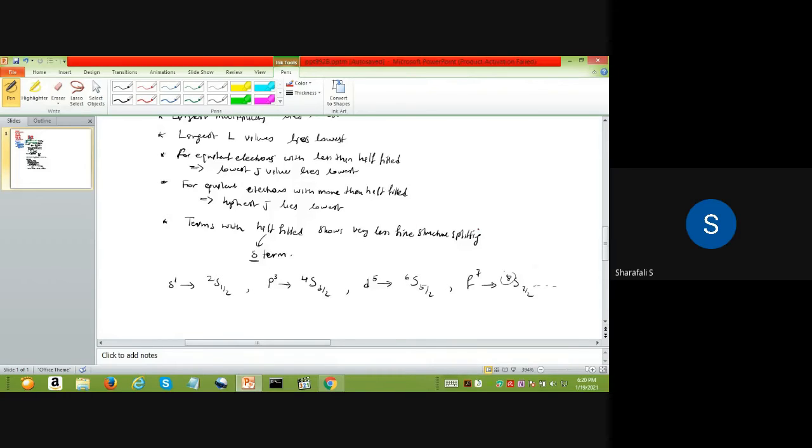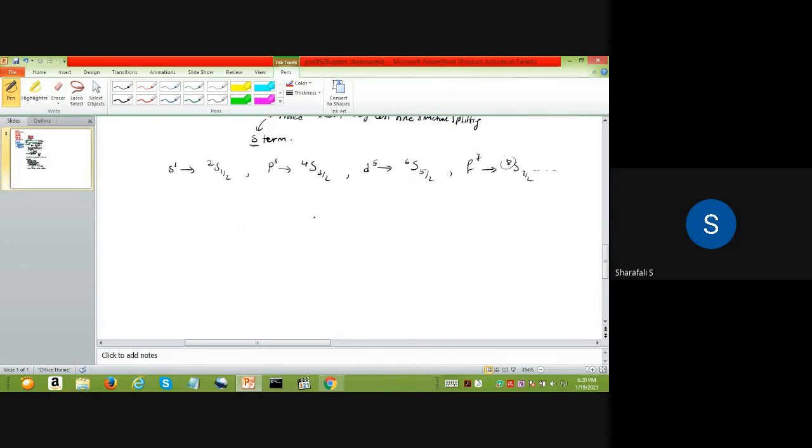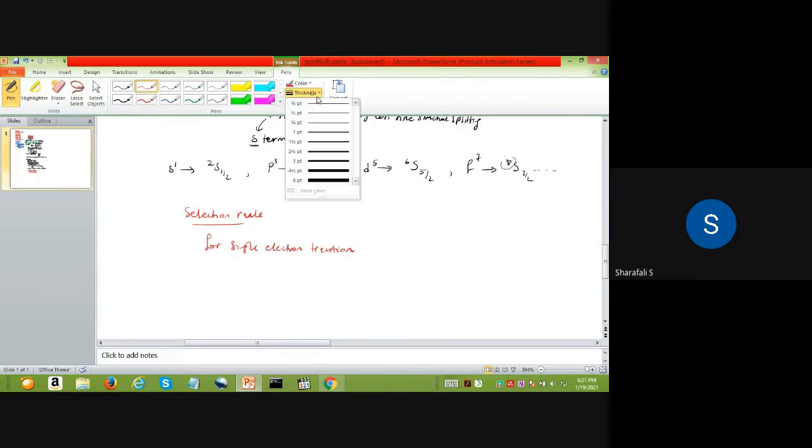And if you consider the selection rule for LS coupling. Selection rules mean that after splitting into different lines, after this LS coupling, there will be transitions between those states.